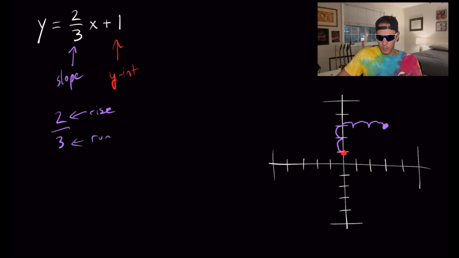There is our next point. If I wanted to keep that pattern going, I'll rise 1, 2, and then run 3, 1, 2, 3. A little bit off the graph, but it'll be out here at where 6 would be on the x-axis.